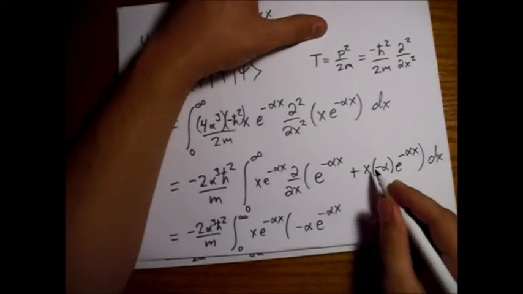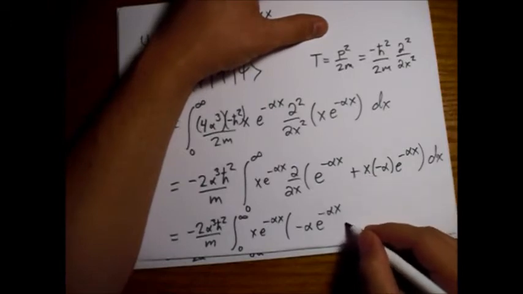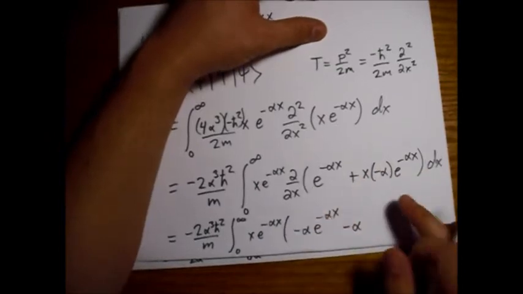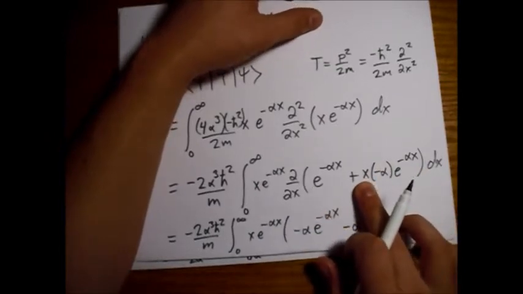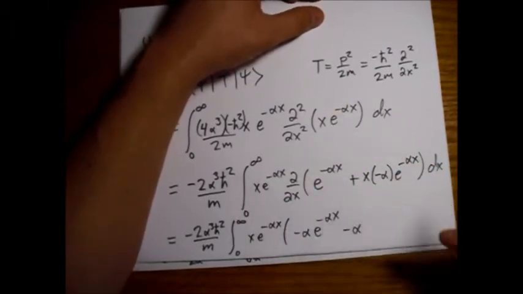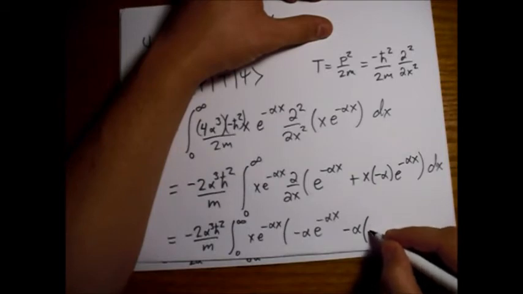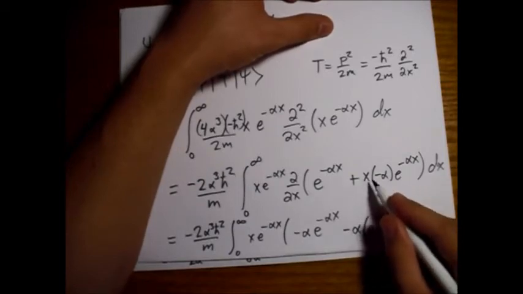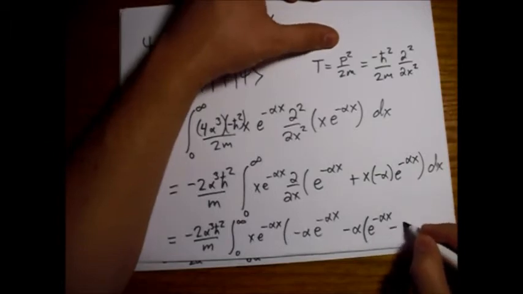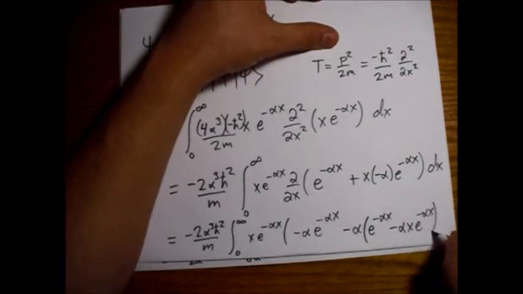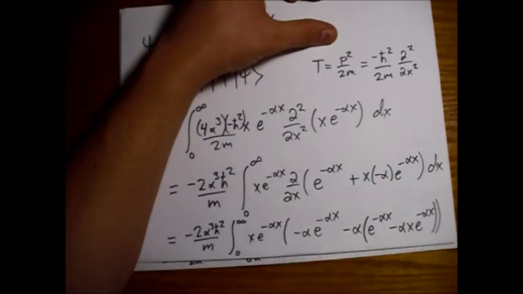And then we have minus alpha multiplied by what's left over, which is just this x e to the minus alpha x, which is what we had up here. So we just get the same thing that's in these parentheses here. I'll go ahead and bring out this minus sign, minus alpha x e to the minus alpha x. Okay, and then we have this other parentheses here.